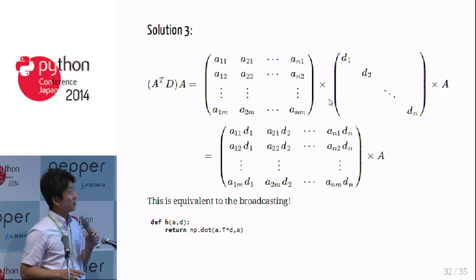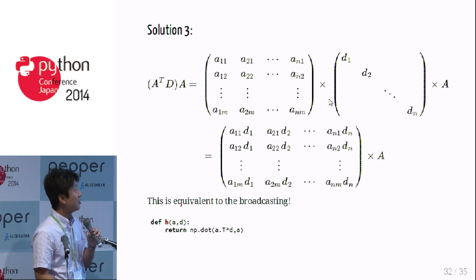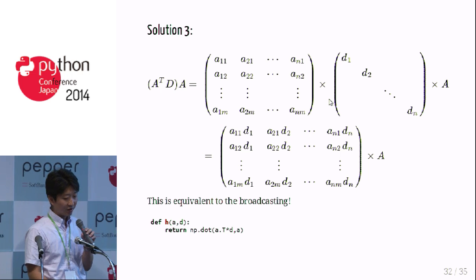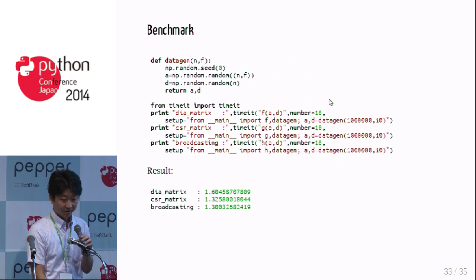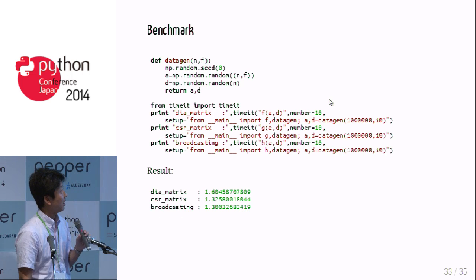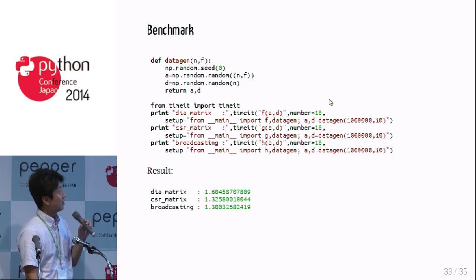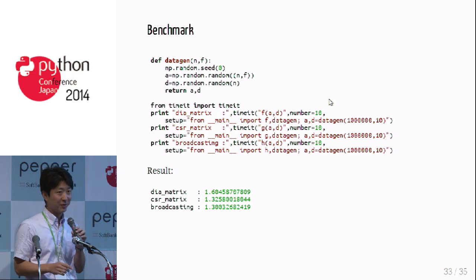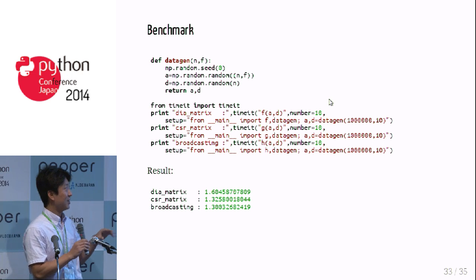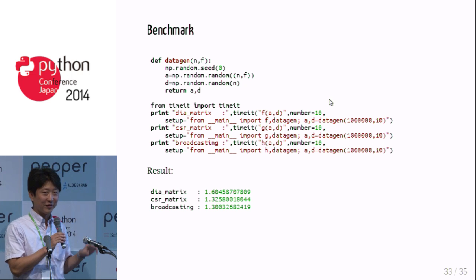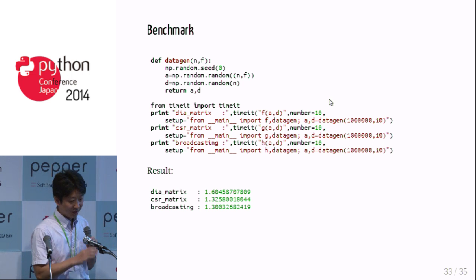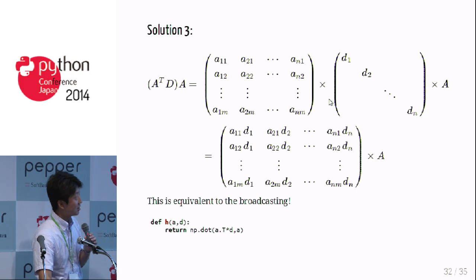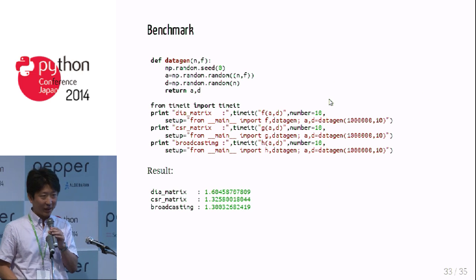It can be regarded as broadcasting. Then the code itself is very simple. And frankly, the result of the benchmark is not significant, I think. There's no significant difference between them, but last one is the most simple and fast. So last one is, I think, best.